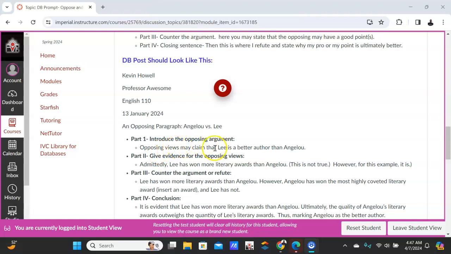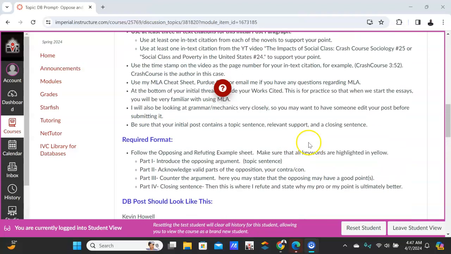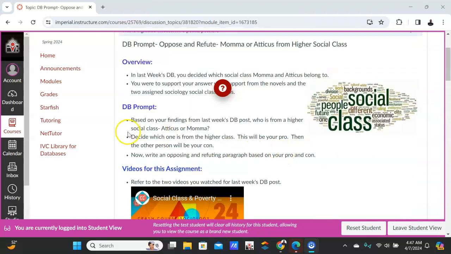So: opposing views may claim that logos is more persuasive in the Nike ad than pathos. Now I know you're going to talk about logos and pathos. So my point here is make sure that when you're up here, if Atticus is your pro, start with Mama. So say many people may argue that Mama is a higher class than Atticus is, or something like that. Then you know Mama is the con, Atticus is the pro.